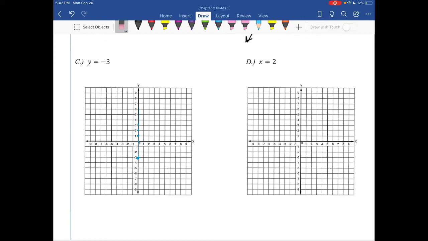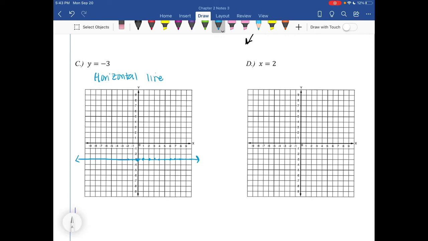That doesn't work. But if we draw a horizontal line going through the value of -3, it doesn't matter where you are on the line, at every single point, your y value is going to be -3, just like the equation says. So anytime you have y equals some number, you are going to have a horizontal line.